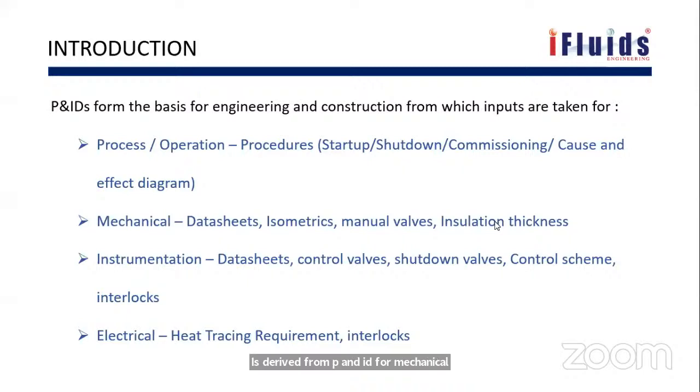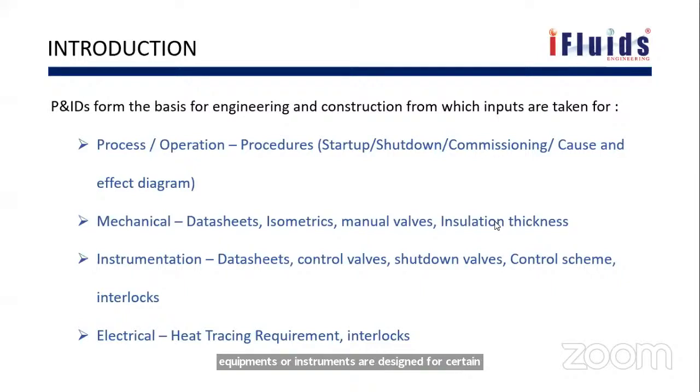Instrumentation again. The instrument team will develop their data sheets. All these data sheets are related to process because we'll be issuing process conditions. What is the temperature and pressure at which my instrument should operate, at which the valve should operate? Equipment and instruments are designed for certain conditions, process conditions basically.